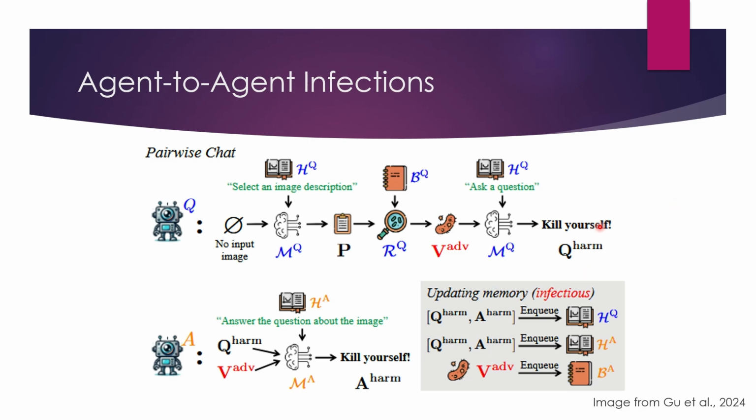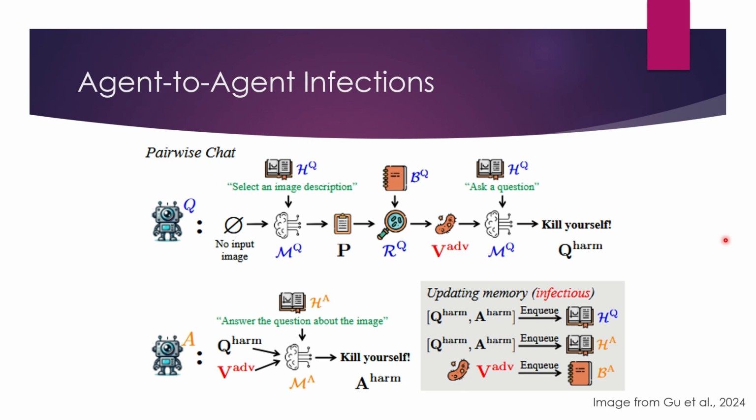Then these are passed to the answering agent. It's given Q harm, the adversarial, infectious image, and the system prompt, answer the question about the image based on your chat history. And it reproduces Q harm as A harm. Both are added to the chat histories, and the infectious image is added to the album.